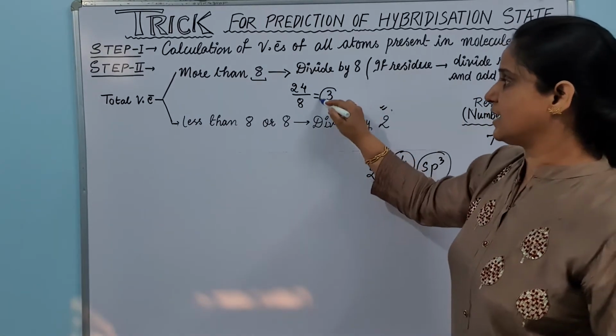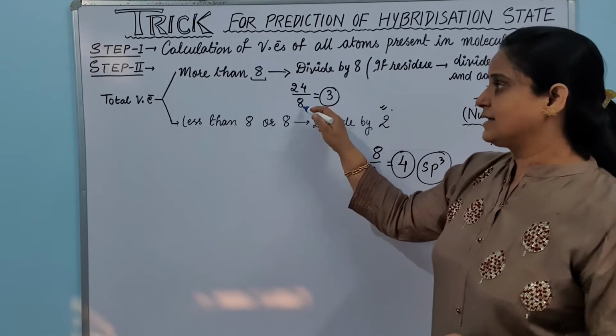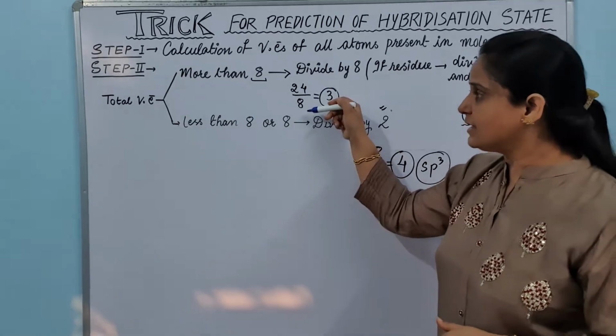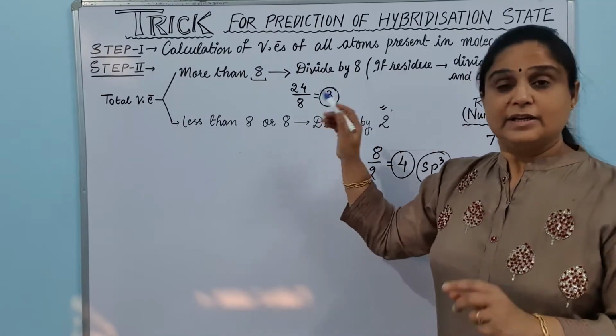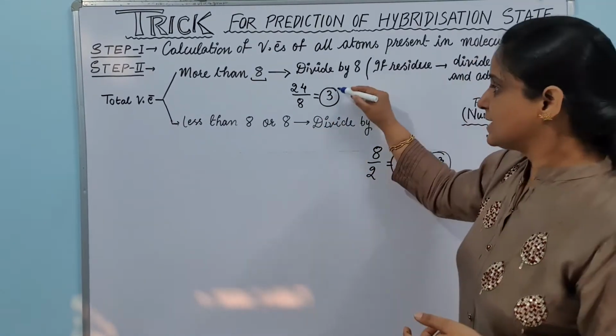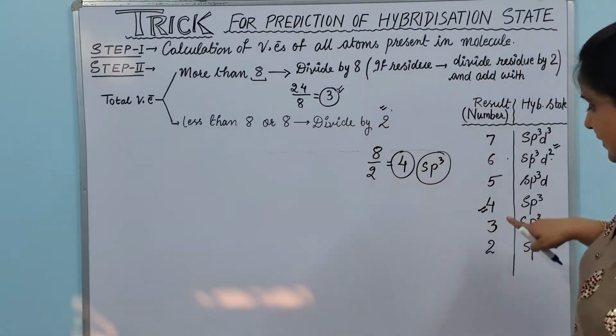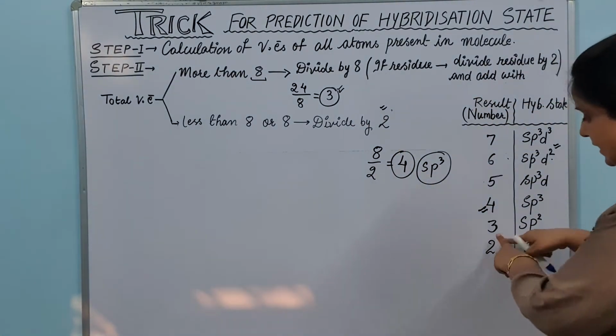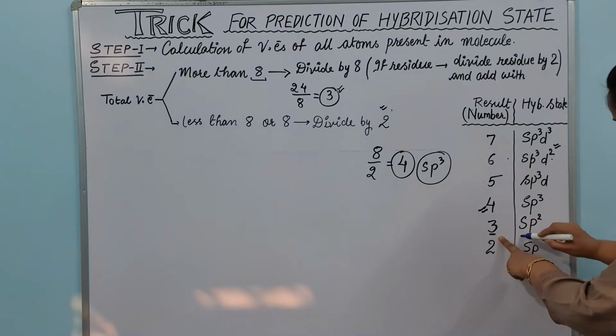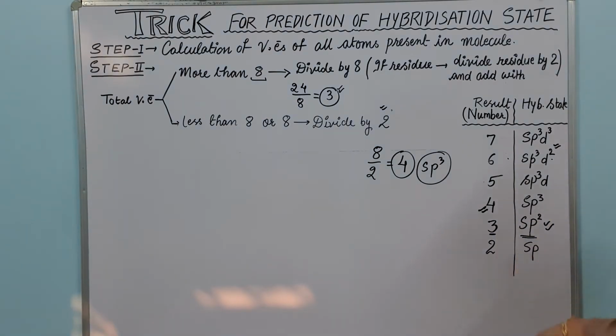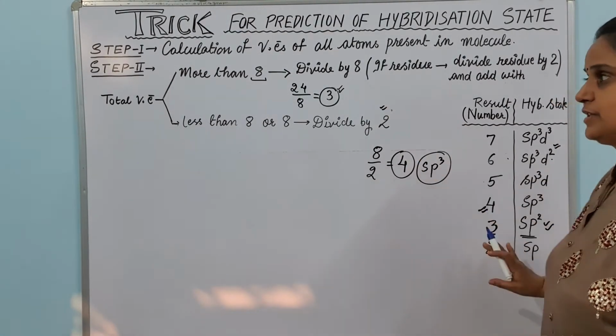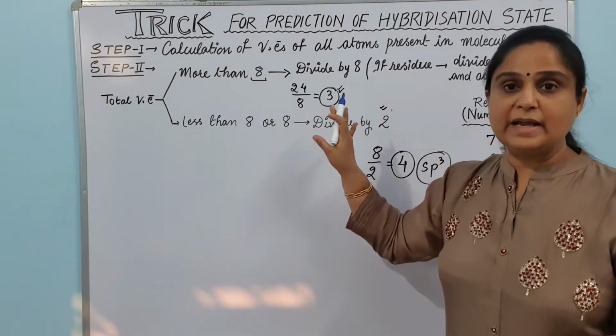This 24 is completely divisible by 8, so there is no issue. Just get this number and compare it with the given chart. In this chart you can see that 3 shows sp2 hybridized. So there is no issue if the number is divisible by 8.